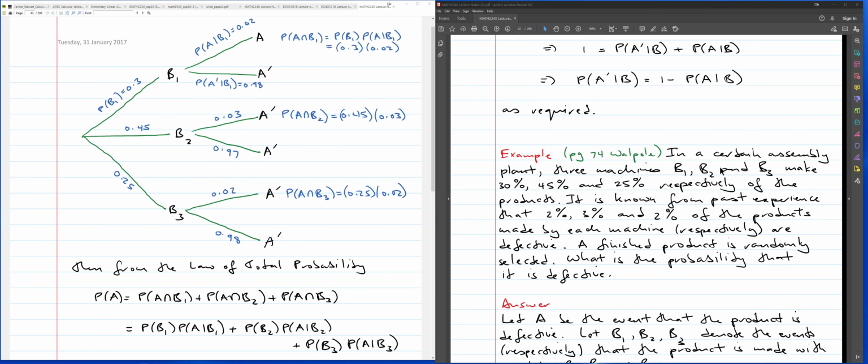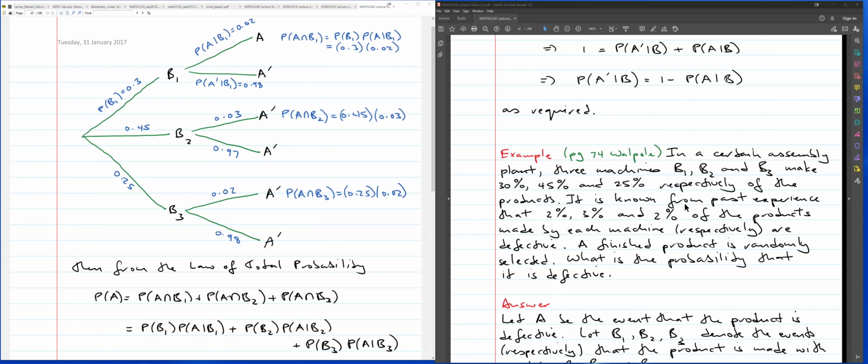Now, let's work out this problem with the three machines making products. What is set up over here? In an assembly plant, machines make products, and for any given product made by the assembly plant, there's a 0.3 probability that it is made by machine B1, a 0.45 probability that it is made by machine B2, and a 0.25 probability that it was made by machine B3.